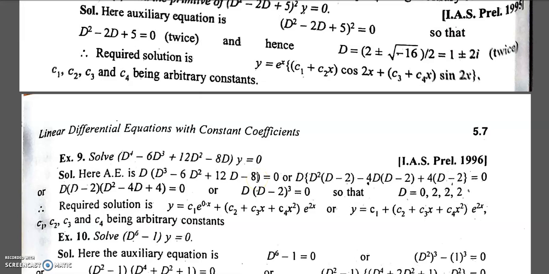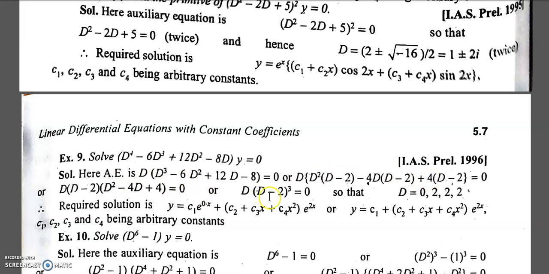So d minus 2 is a root, and you can do as I did in the worked out solved problem. You just use the same technique and you get this: d minus 2 three times, multiplied by d square. Then multiplied by minus 4d plus 4. So similarly you get this.